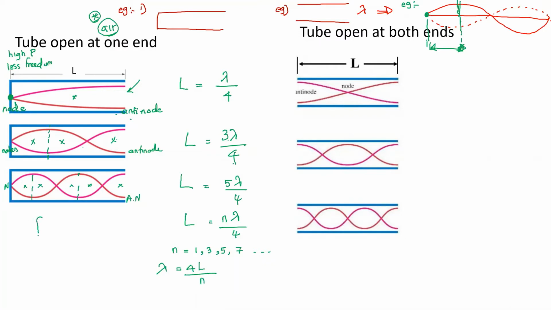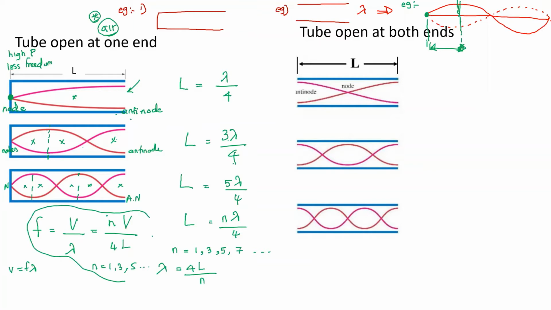If I write the frequency from V equals F lambda, frequency is V over lambda. The frequency I get is V over 4L times n. And n is 1, 3, 5 like that.